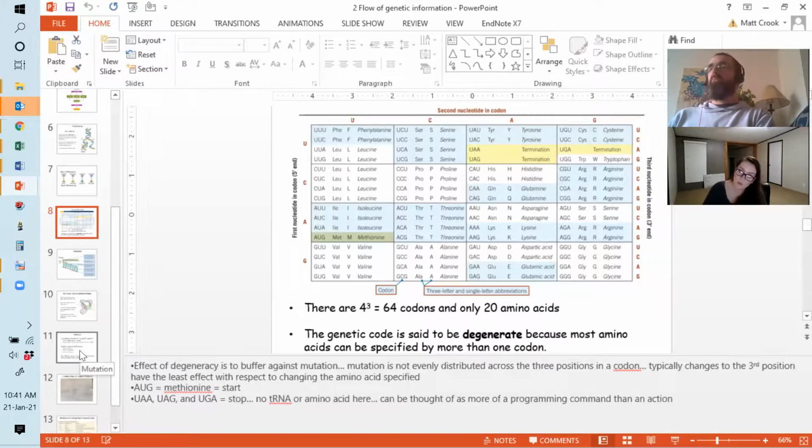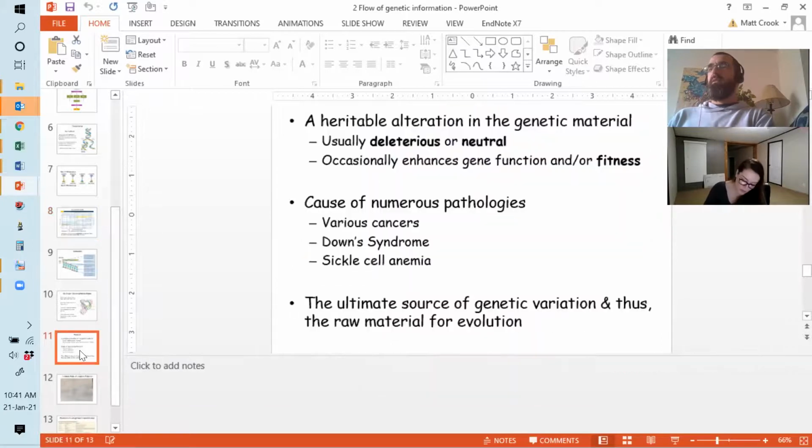They'll also be neutral, because they don't do anything. Those are called silent mutations. So that's the majority. Of the rest of mutations, an important point is that it's a heritable change, and there are other heritable changes in DNA as well.